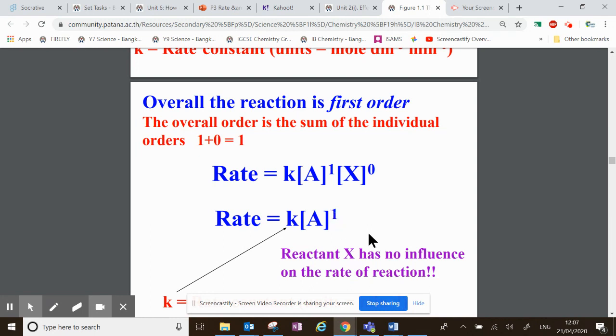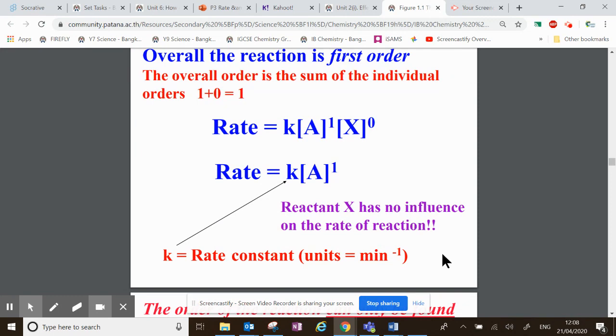So it's first order with respect to A, it's 0 order with respect to X. One other expression that we can sometimes use is the overall order of reaction. And that's quite simply the sum of the separate orders. So we add up the order with respect to one reactant plus the order with respect to the others. In this case, it's just 1 plus 0. So overall, this reaction is first order.